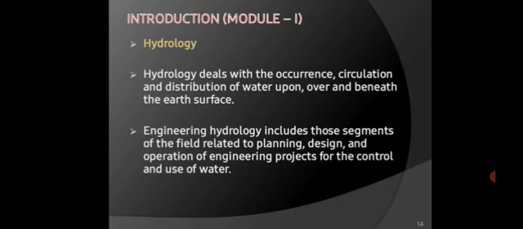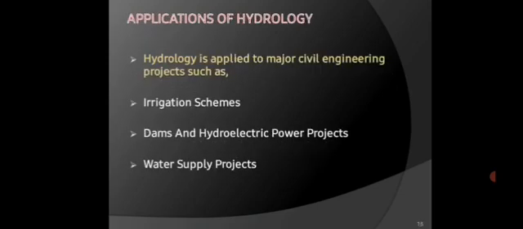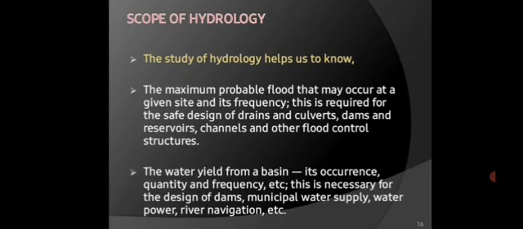So it is the application to use, plan and operate the water. As for the application of hydrology in civil engineering, the knowledge of hydrology is useful for irrigation schemes, dams and hydroelectric power projects, and water supply projects.